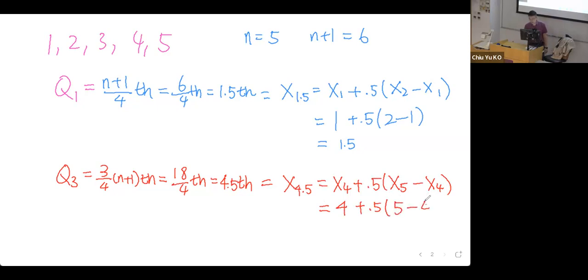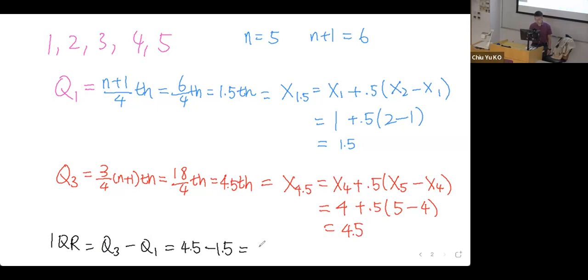So it's just 4.5. And that means the IQR, which is Q3 minus Q1, is 4.5 minus 1.5, which is 3. So that is the idea behind this.